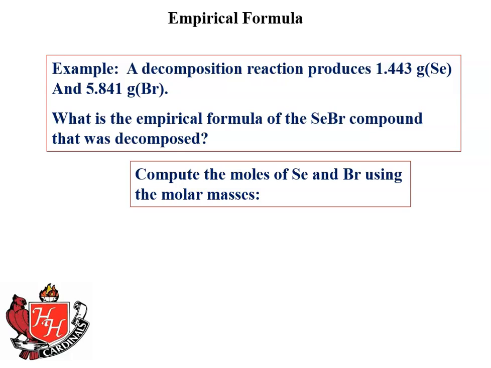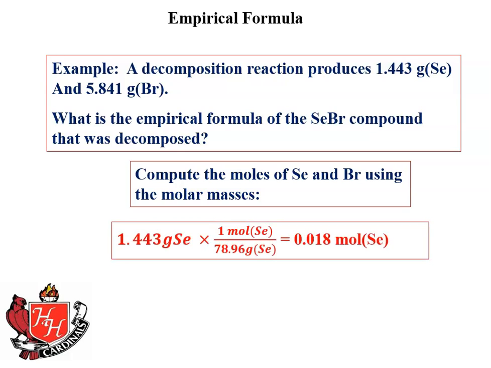So you take the molar mass, you get that straight off of your periodic table. So for selenium, look at your periodic table, find Se, and down at the bottom of that square, you'll see that it's 78.96 grams per mole. So we set up a conversion factor here, 1 mole of Se for every 78.96 grams. Grams of Se cancels with grams of Se, and you end up with 0.018 moles of Se.